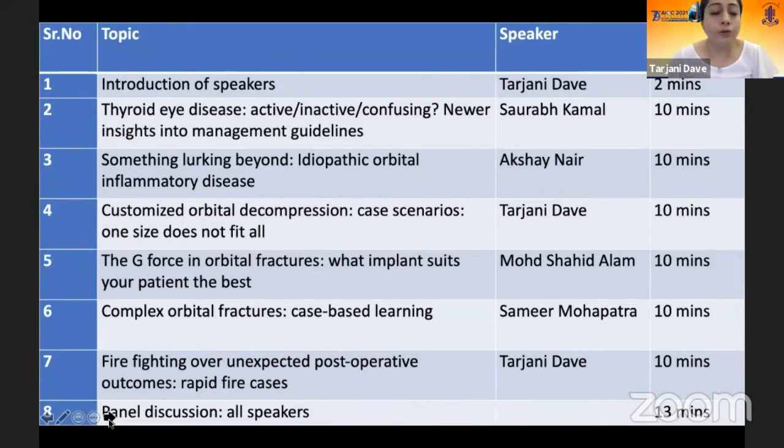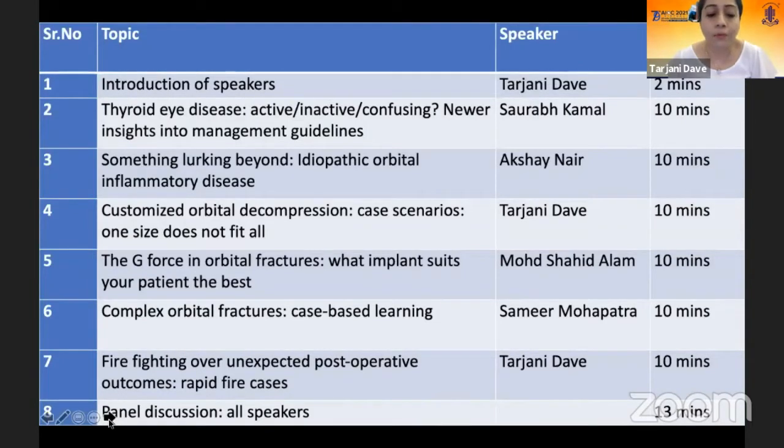Followed by Akshay, who's going to talk to us about idiopathic orbital inflammatory disease. I'll be talking about case scenarios in orbital decompression and the customization that we do. Shahid is going to talk about orbital fractures and what implant suits your patient best in a particular case scenario. Samir is going to expand on it and talk about certain complex orbital fractures.